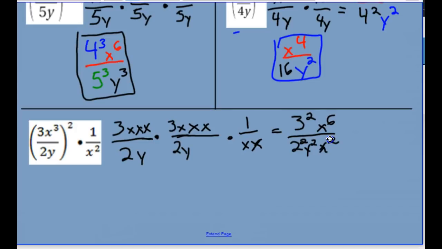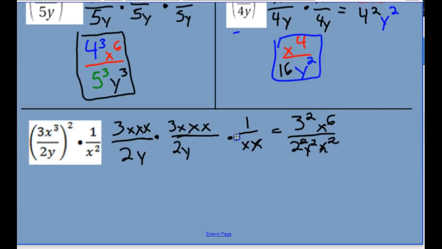Now, we can't have the same variable on the top and the bottom, so what we need to do is figure out how to get rid of this x squared. Well, we know that x to the 6th on the top is bigger.